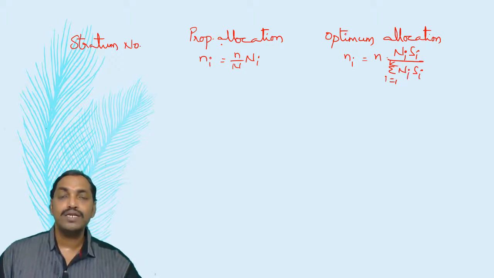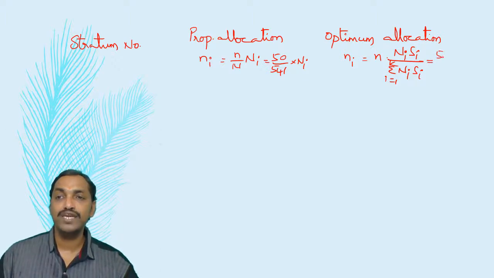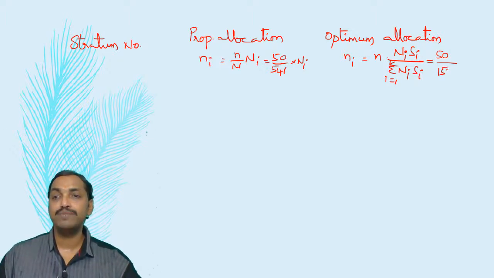And in proportional allocation, small ni becomes small n is 50 divided by capital N is 541 into capital Ni. Similarly, in optimum allocation, small ni is equal to small n is 50 divided by summation Ni into Si, which is 1508.6, into Ni into Si.